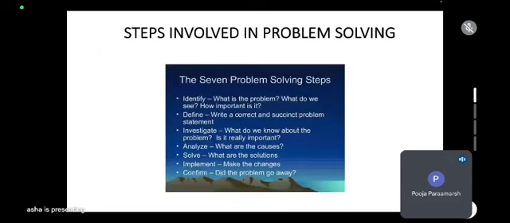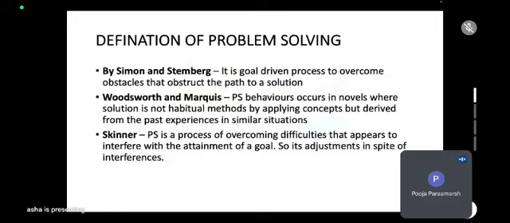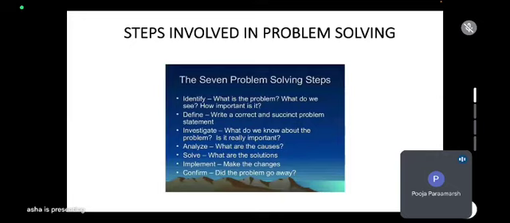Then there are different definitions, different psychologists have different definitions. We spoke about 3 or 4 different scholars who gave different definitions. Then come the steps involved in problem solving, how to solve a problem. There are 7 steps: identify, define, investigate, analyze, solve, implement, and confirm. Okay, so there are 7 steps of solving a problem.